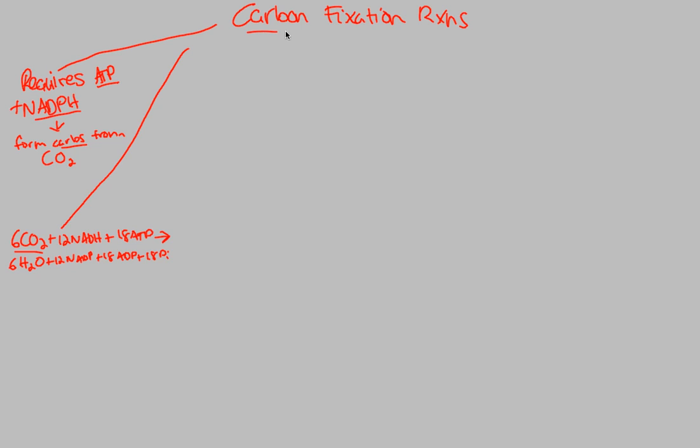This overall process, carbon fixation, happens utilizing a cycle known as the Calvin cycle. This is, again, the beauty of respiration and photosynthesis being almost exactly the same. We had the Krebs cycle in respiration, right? Now we have another cycle, and that Krebs cycle, remember, occurred where? The mitochondrial matrix.